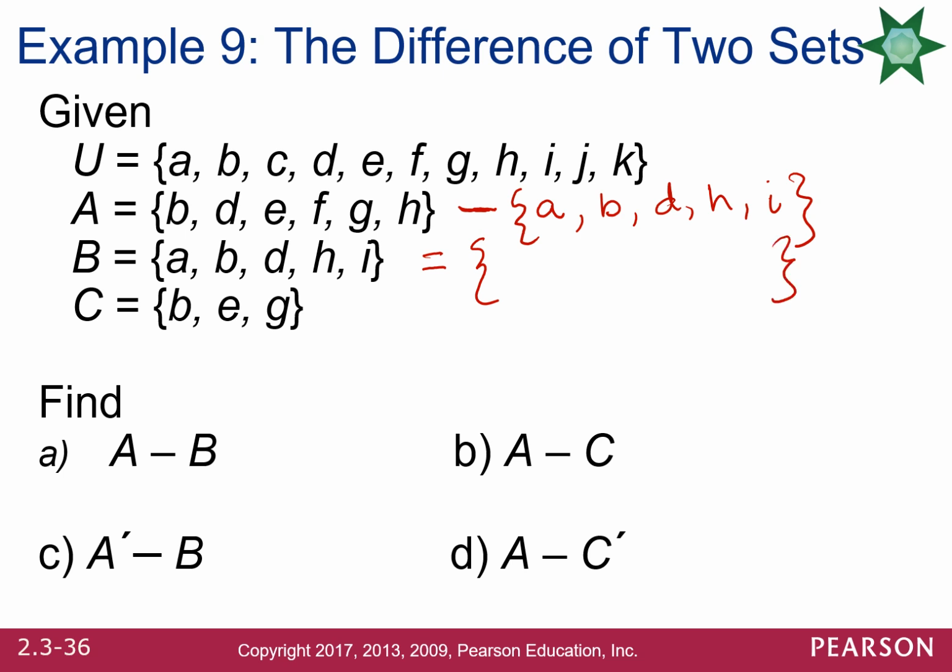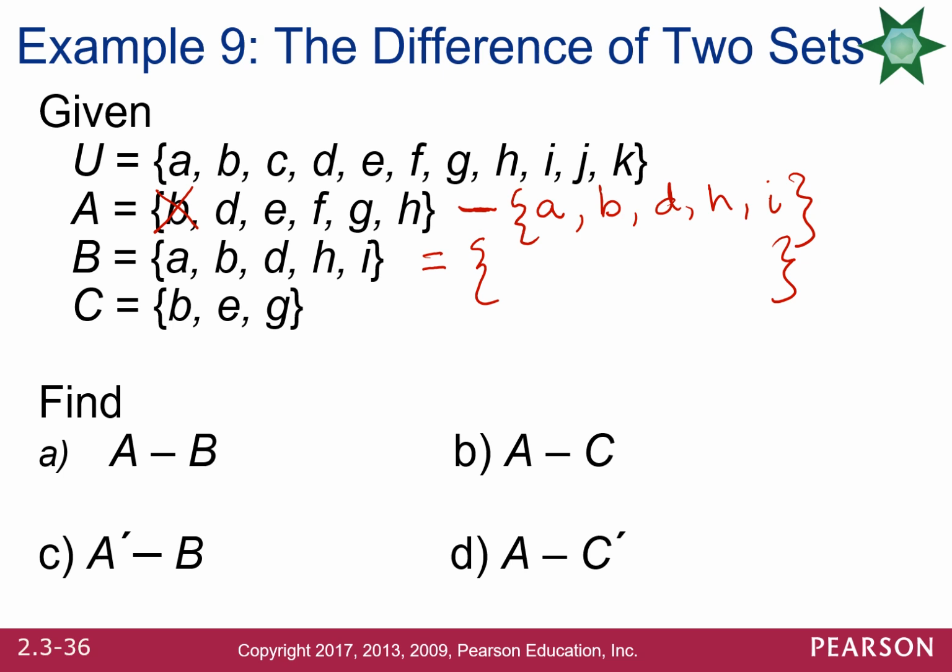A is not there in set A, so we are good. Then we have a B in set B, so we have to cross this out. So that cannot be a part of the A minus B set. How about D?